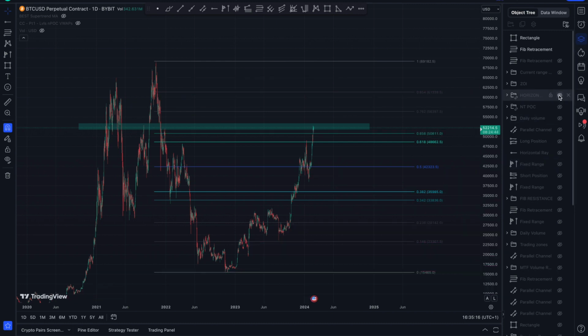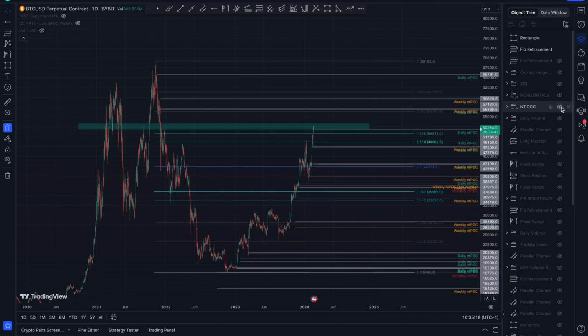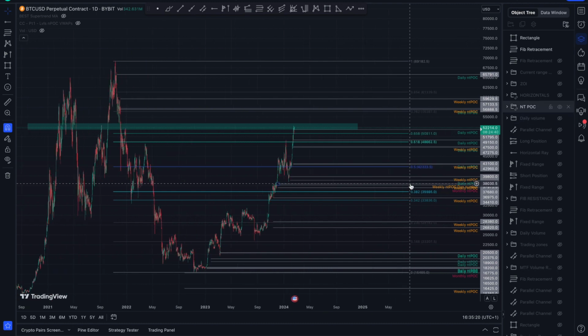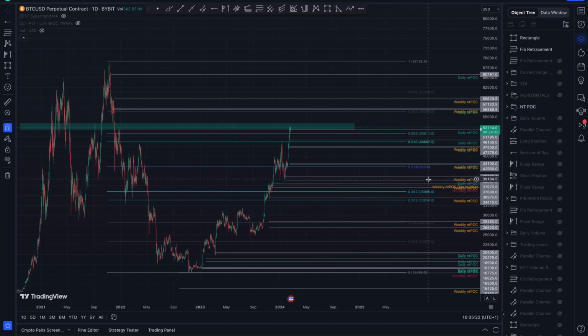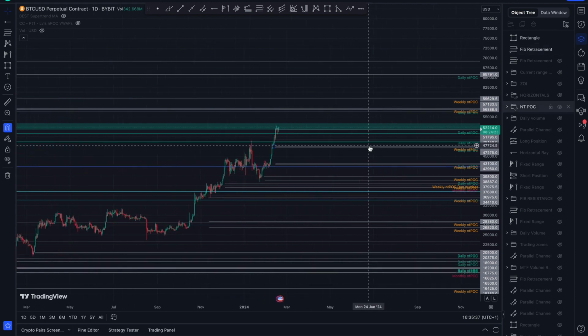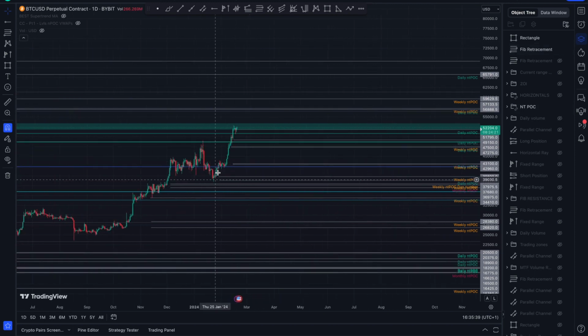So those are horizontals, and some not touched POCs. We have quite a lot of them, but the most interesting for me are these around the 768. We have the weekly and daily not touched POC. And to the downside, when we look at the daily, we had really quick move to the upside.